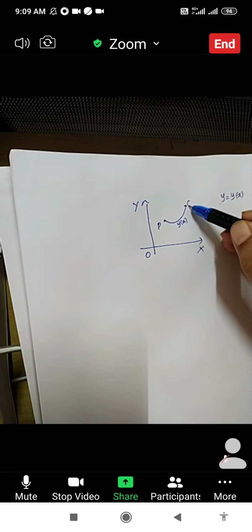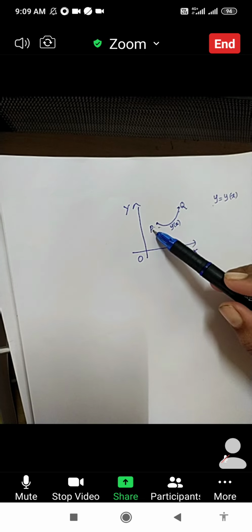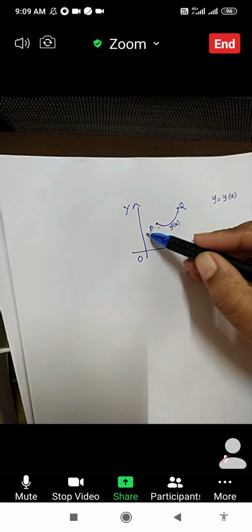The first curve we take is y equal to y of x. Suppose the endpoints of this are P and Q. So we have a curve y of x with the endpoints P and Q. The points are fixed here.